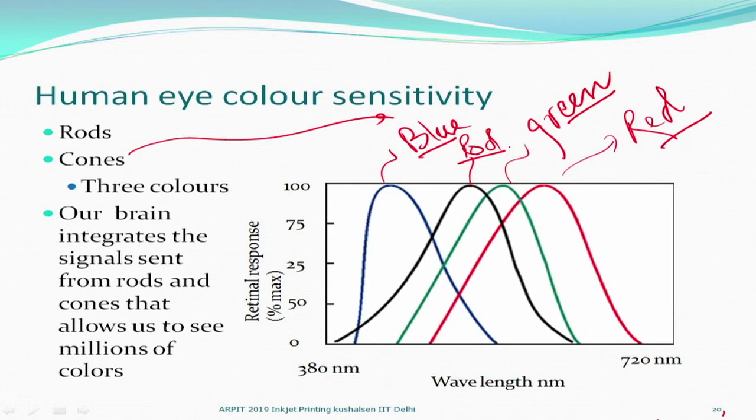That means we have 4 sensors, but we see everything. And how does it happen? The integration happens in our brain. So, all this information which comes gets integrated in our brain, and we get millions of shades, millions of colors, and I can perceive it.